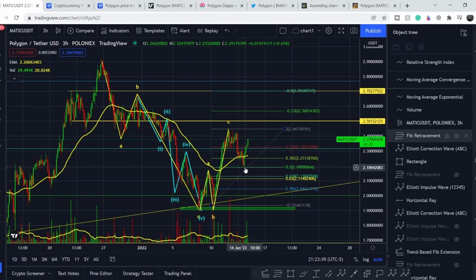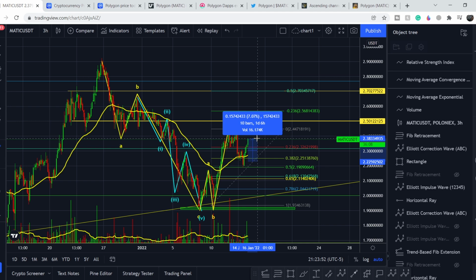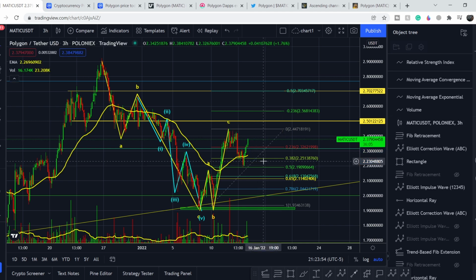So congratulations to all of you who took this trade and who entered your position at the 0.382 and 0.5 Fibonacci retracement levels. You are in green, and depending on your average price, you might be up about 7%. In my previous video, I told you that you can enter your position right at this range, and you can put your stop loss at the same range in order to remain on the positive side.